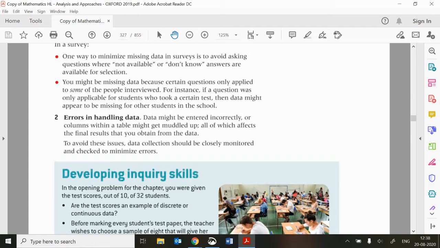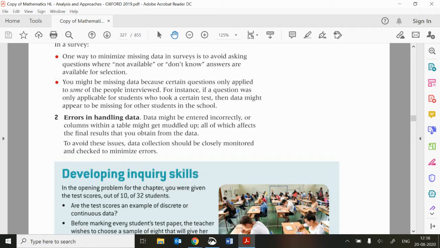Firstly, there could be errors in the way in which you've handled your data. Maybe that you've put numbers into your answers from your questionnaire in the wrong place. Maybe that comes from the questionnaire being asked with issues in the way in which the questions are constructed, and people didn't know where to put things, but then data ended up being put in the wrong places.